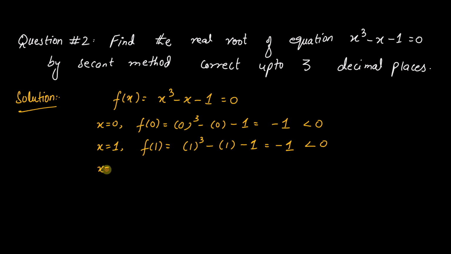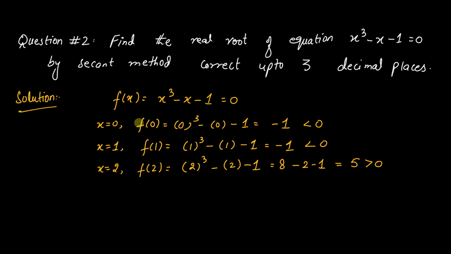Let's go for 2. So when we substitute x equals 2, it becomes 8 minus 2 minus 1, and we will get positive 5.